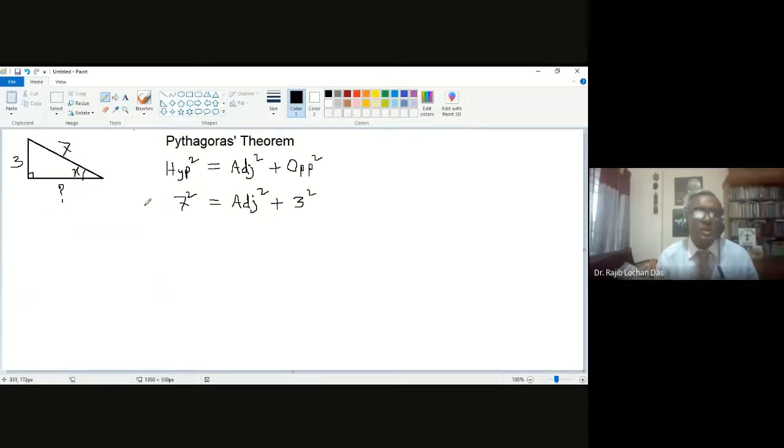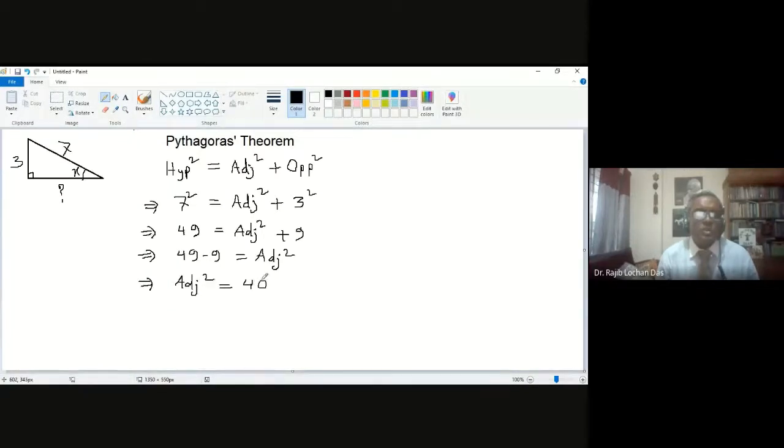In the next line you can write 7 square means 49, then adjacent square, and 3 square is 9. So adjacent square will be 49 minus 9.